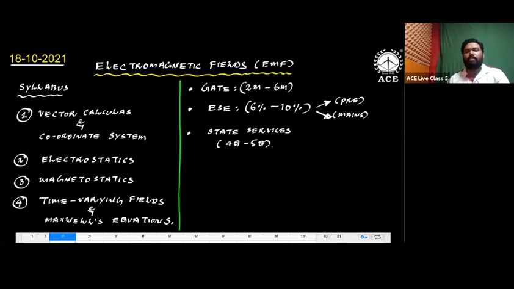So let us start with some question here. What is the need for going for this electromagnetic theory? What is the importance of this subject? Fine. So here, as you all know, you all are introduced to the world of electrical engineering through the concepts of voltages and currents, isn't it?